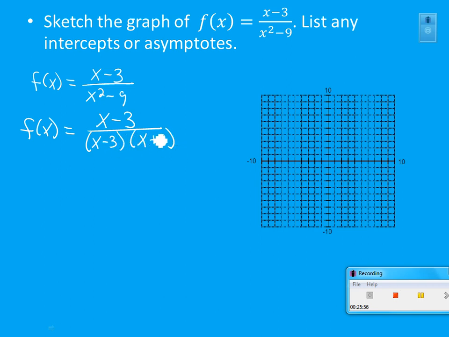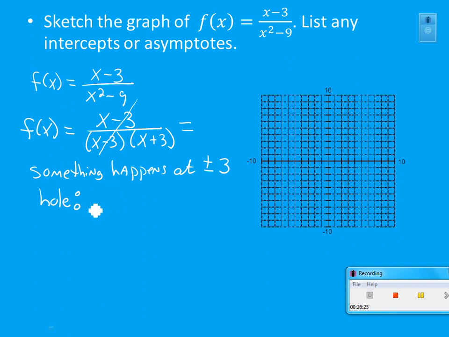So something that I know, something happens at positive and negative 3. Something happens at both of those. Here's how you tell which one. The one that you can cancel out, that's where the hole is going to be. So there's going to be a hole in the graph.